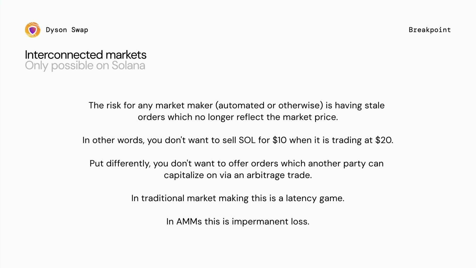Put differently, you don't want to offer orders which enable another party to create an arbitrage trade. That's bad. That means they're getting money that you could have had, and we want to avoid that if we're market making. In traditional market making, this is a latency game. In AMMs, this is also referred to as impermanent loss.